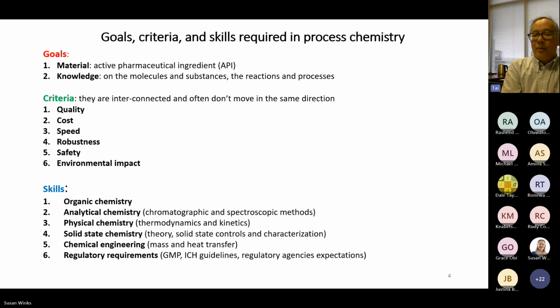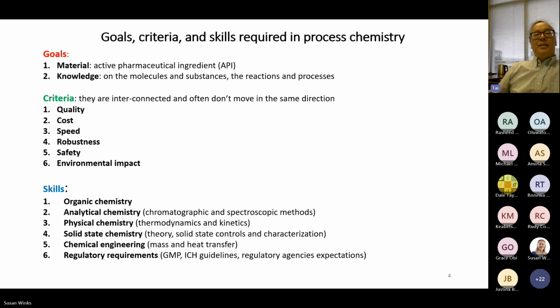But there are criteria to evaluate the effectiveness and the success of process development. My light just switched off. So they are quality, cost, speed of development, robustness of the process, safety, and environmental impact.